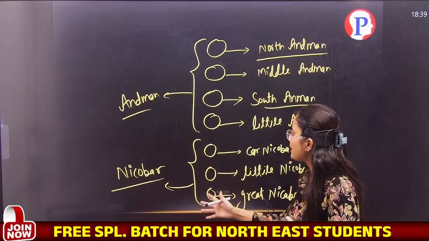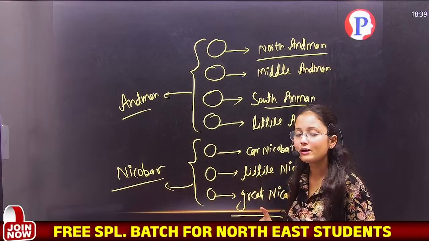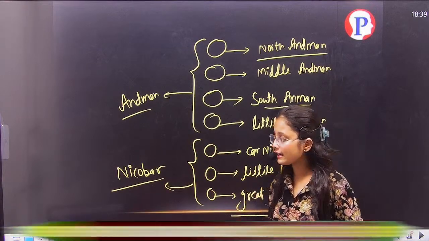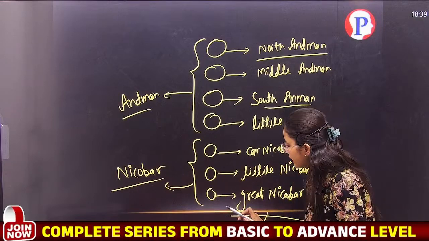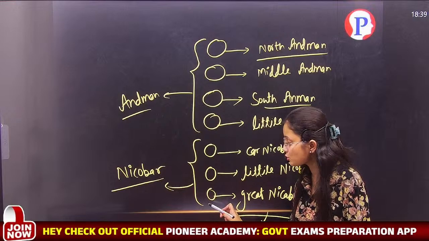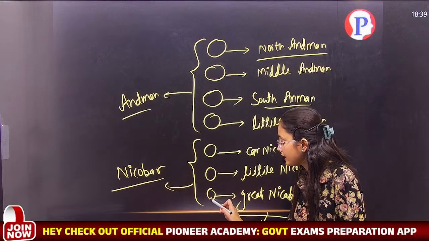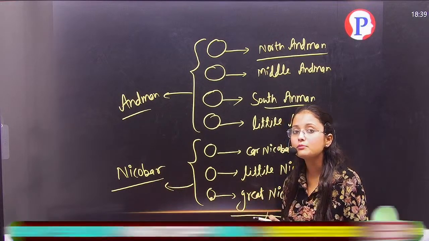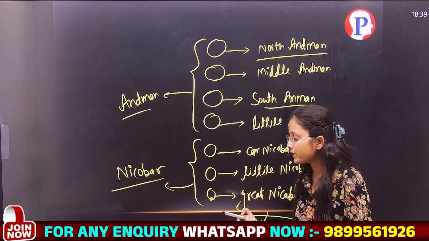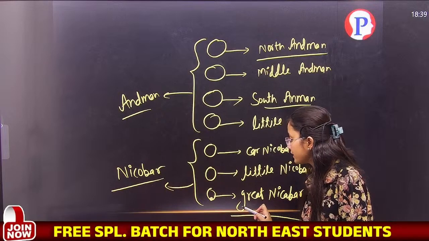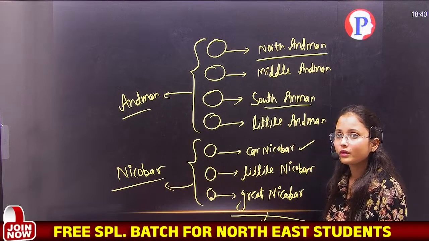Then in Nicobar, we have Car Nicobar, then Little Nicobar, and the last one is Great Nicobar. Then Indira Point is located here. Indira Point, which is the southernmost point of India, is located in Great Nicobar.